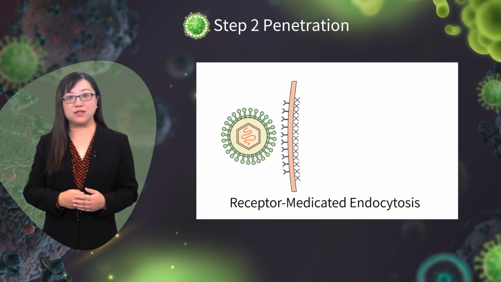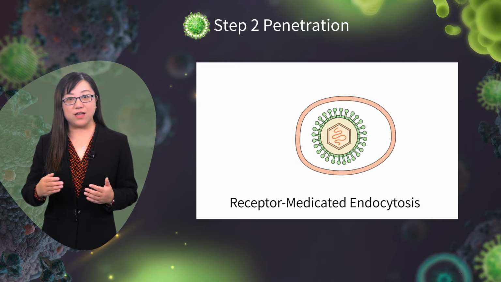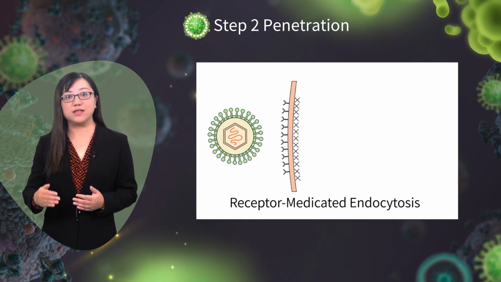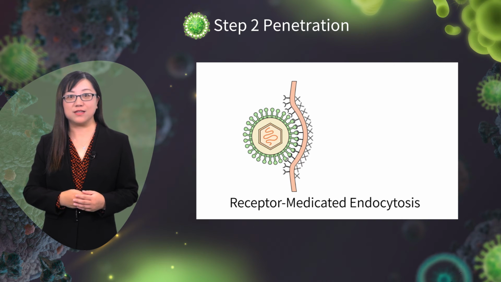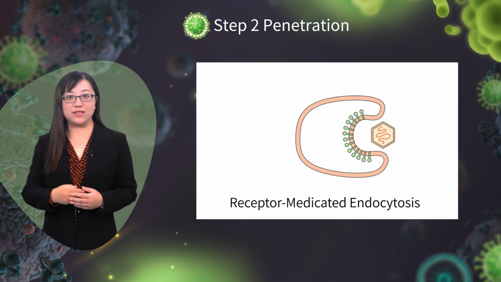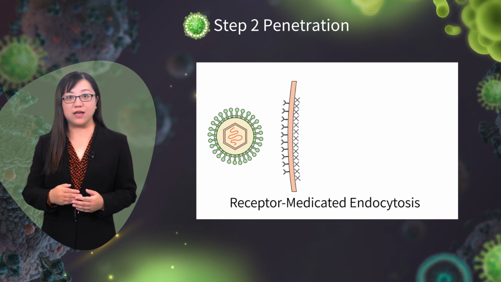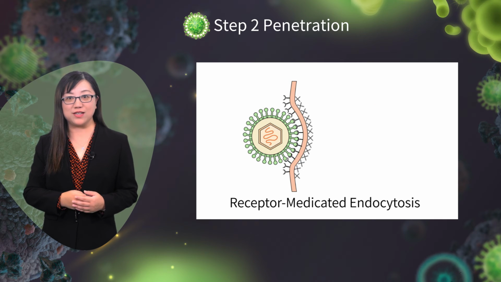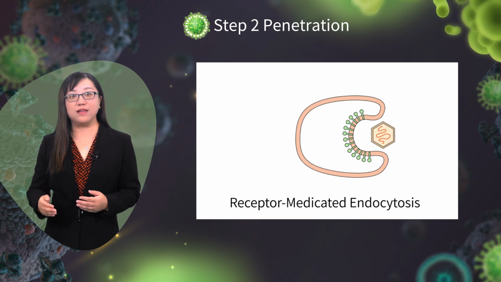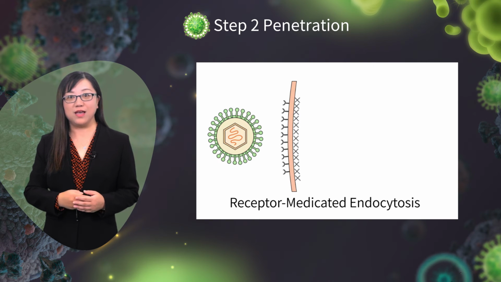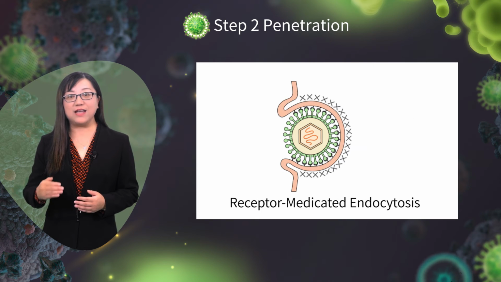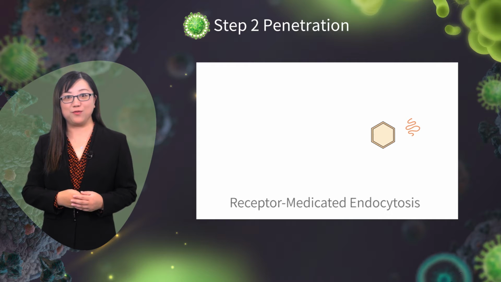Also, the viruses can enter the cell by receptor-mediated endocytosis. After binding to the receptor, the host cell can carry out the endocytosis and form an endosome. Then the viruses invade inside the host cell.